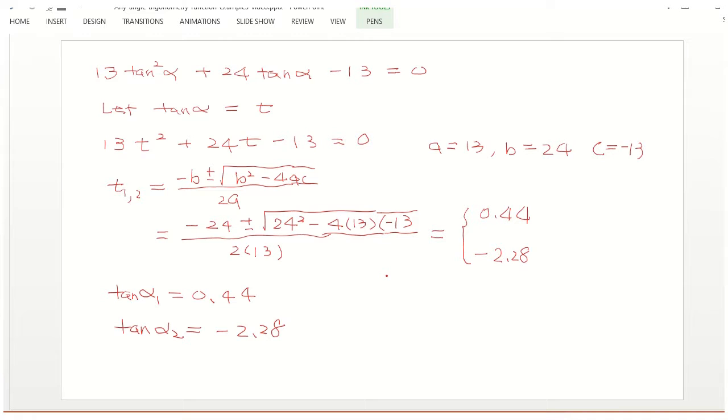Because we are given the angle alpha lies in quadrant 4, tangent alpha is negative. So in our case, the solution is tangent alpha equals negative 2.28.